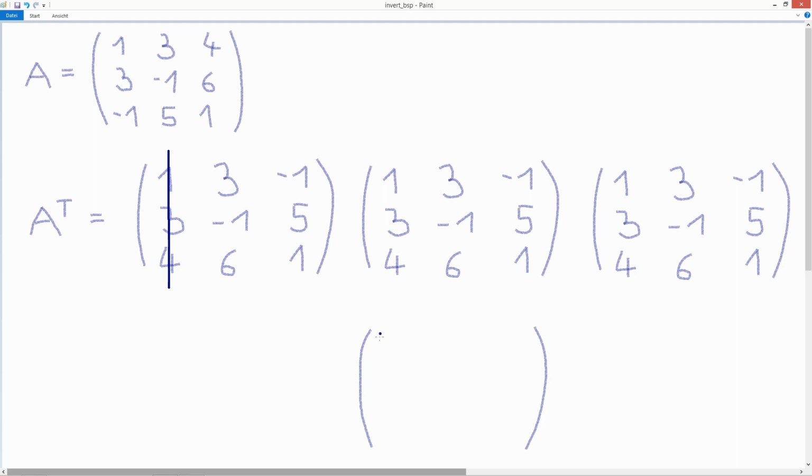For the first entry of the cross product, we have to ignore this here and calculate -1 times 1 minus 6 times 5 is minus 31.